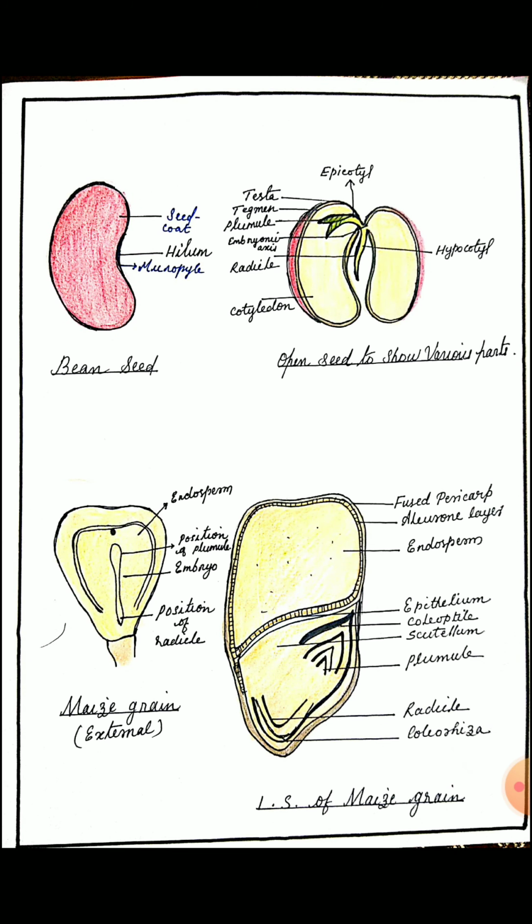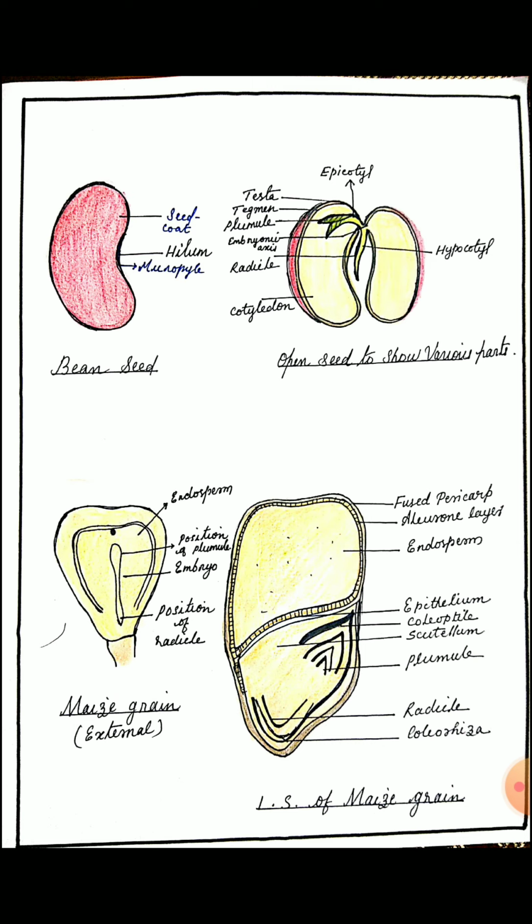Next, compare the differences between a bean seed and a maize grain, mainly a dicotyledonous seed and a monocotyledonous grain. Bean seed: two cotyledons are present, endosperm absent, embryo is large, plumule is large and leaves are folded, hilum and micropyle clearly visible, seeds are separately contained in the fruit called a pod.